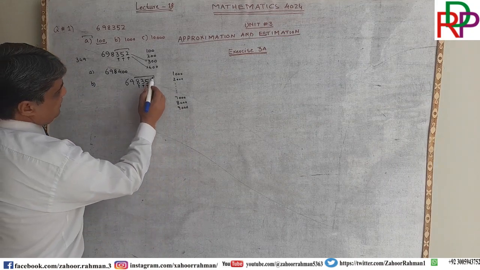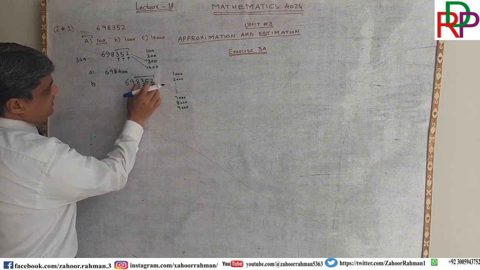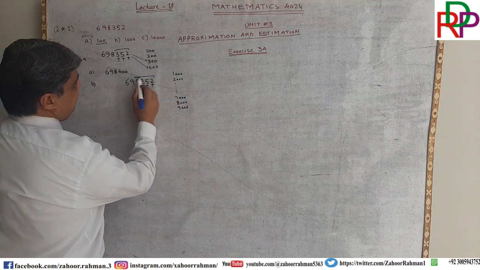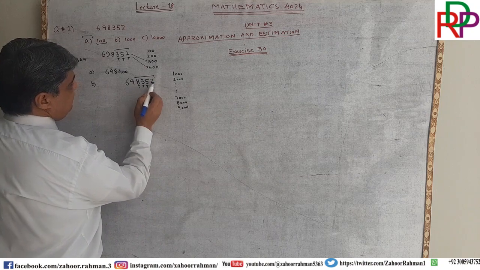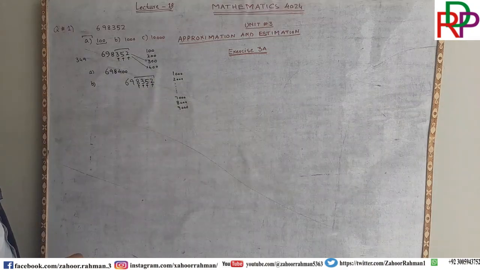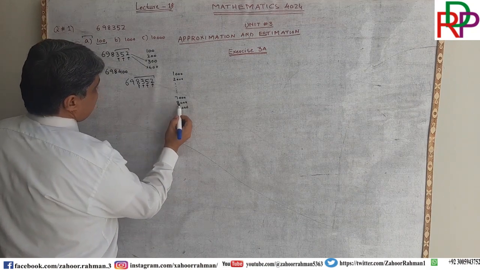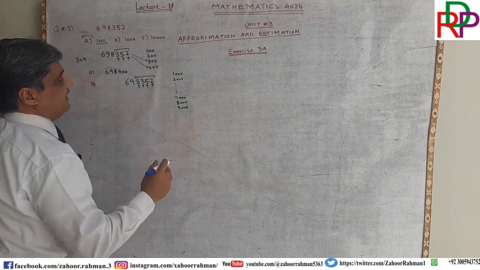So you have to concentrate on this number and see whether 8352 is nearer to 8000 or 9000.